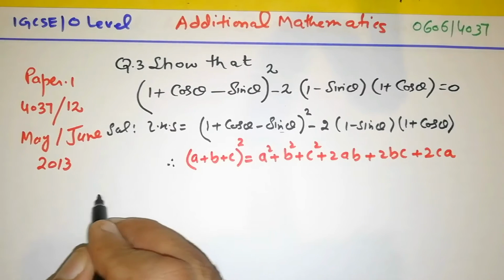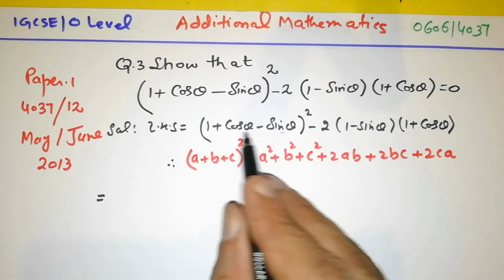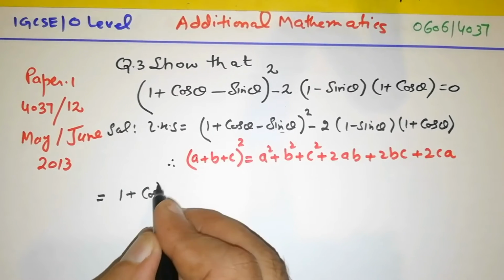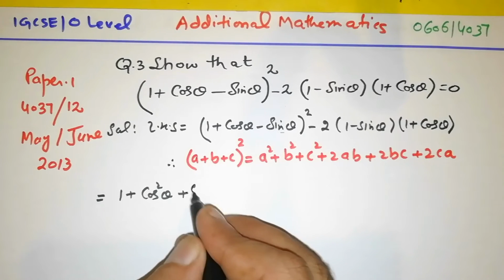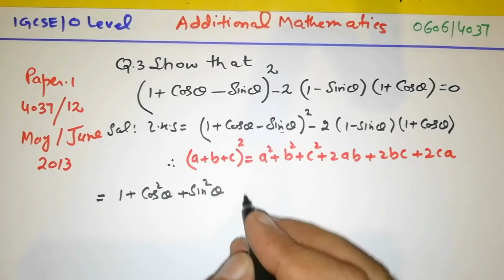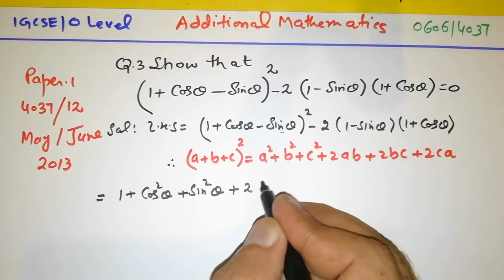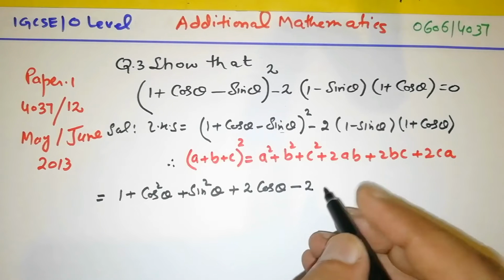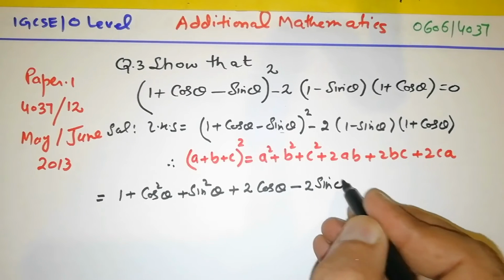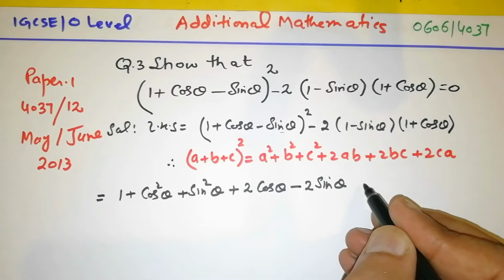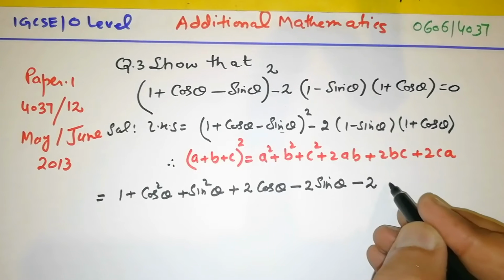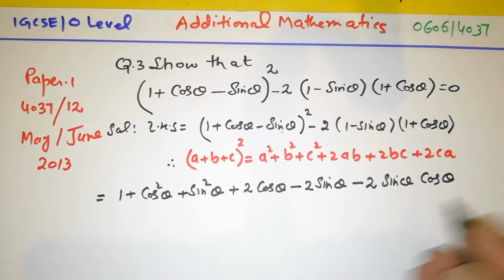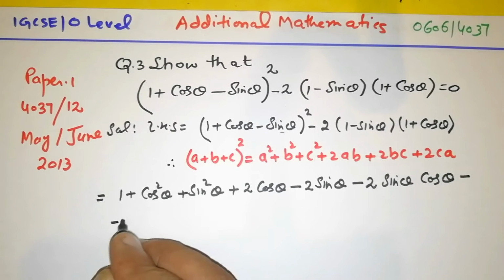Let's see, first of all we take the square of each of these terms. Therefore 1 plus cosine square theta plus sin square theta, plus 2 cosine theta, minus 2 sin theta, and minus 2 sin theta into cosine theta, then minus 2.